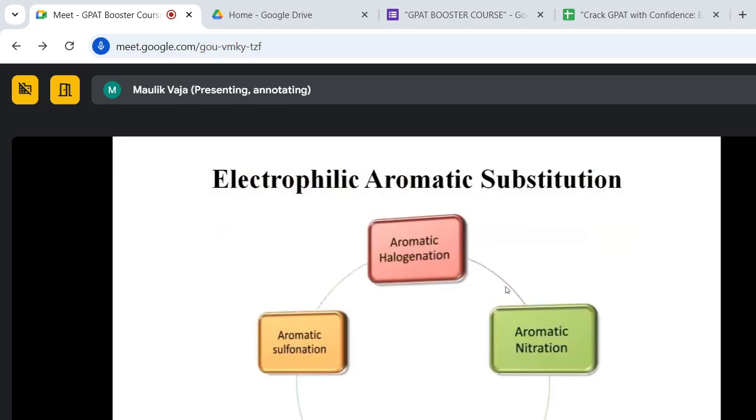Next, we have started with electrophilic aromatic substitution reaction, and we understood the meaning of electrophile. Next, we will learn the meaning of aromatic compound. For any compound to be called aromatic, what is the basic requirement?